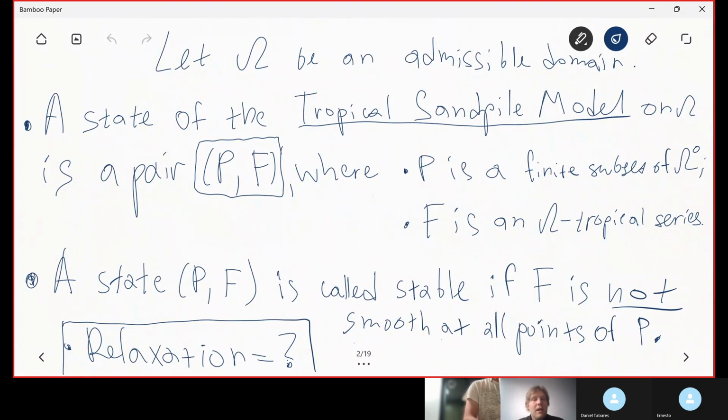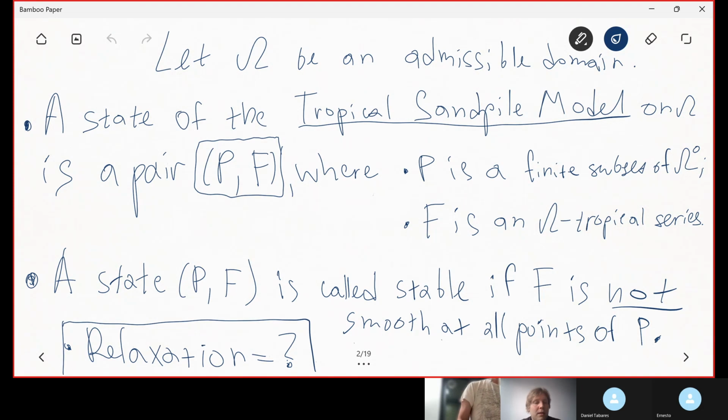Let's make it soft. So let omega be an admissible domain, and I don't write where on purpose. Let's pretend we are in any dimensions for the moment. A state of the tropical sandpile model on omega is a pair P and F, where P is a finite subset of the interior, and F is an omega tropical series.